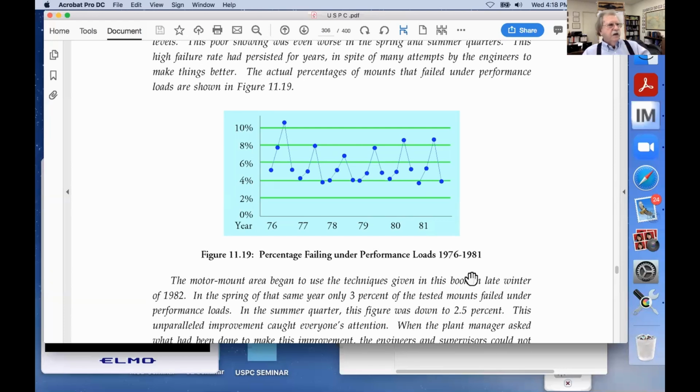You see, in summer and spring, the humidity levels are higher, and the adhesive is hygroscopic. And that absorption of humidity makes the sandwich between the rubber and the metal weaker. And they just figured they had to live with this.